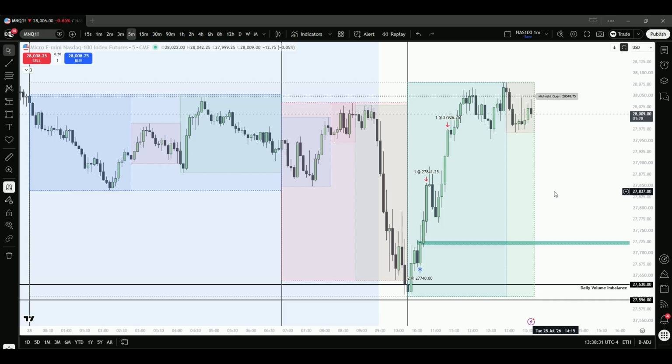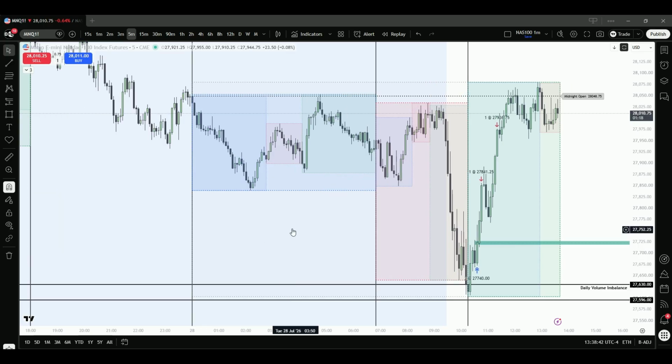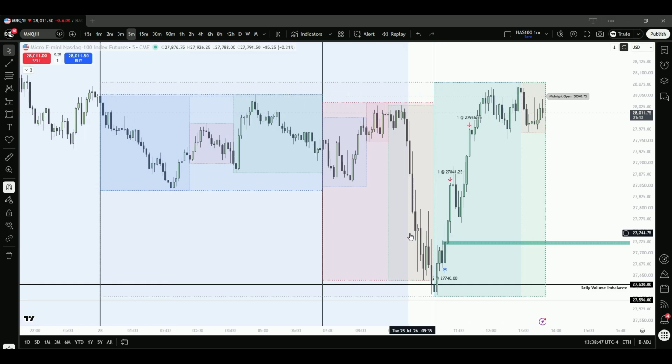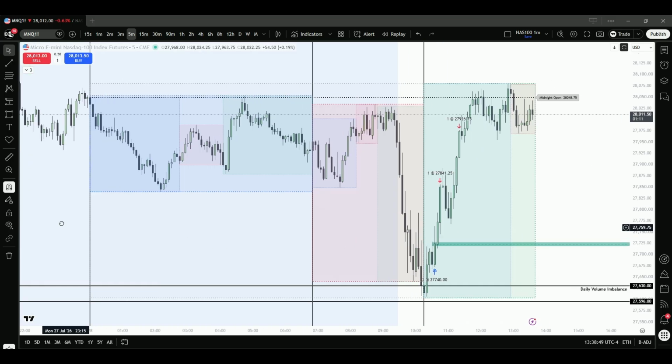You know how Michael always tells you, if Asia prints a large range, a one directional run, and they decide to pump the market or dump it during Asia, you should avoid trading or at least minimize risk. That's because the move has already been exhausted.